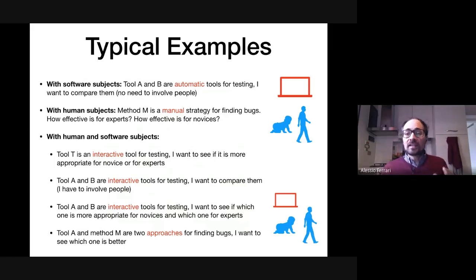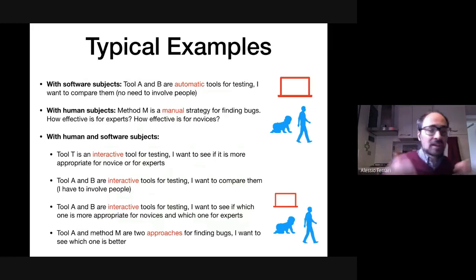So here I'm involving human subjects. I'm studying constructs related to the subjects, because it is the level of expertise that I'm actually studying here. And I want to see how the behavior of the people varies when using a specific strategy, in terms of effectiveness.